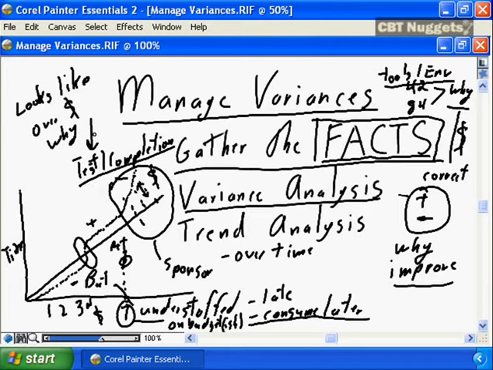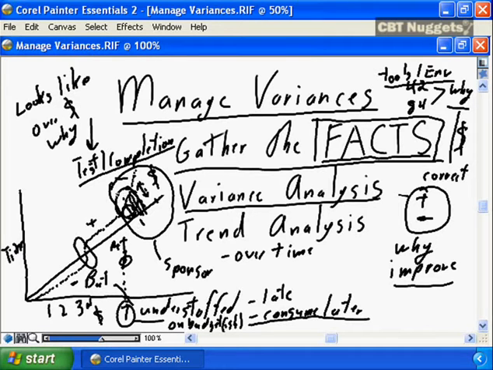So manage the variances, don't be Chicken Little, don't say, we're under budget, hooray, hooray, hooray. You understand why. Don't be Chicken Little that says, oh, all of a sudden I'm spending more than baseline. I know why I'm spending more than baseline, because at this point in time, with the first week of positive trending away from the baseline, and I use positive in small quotation marks, it's greater than, trending away from baseline, it's not time to be Chicken Little saying, it looks like, but after week 2 and week 3 and week 4, there is an absolute trend here.